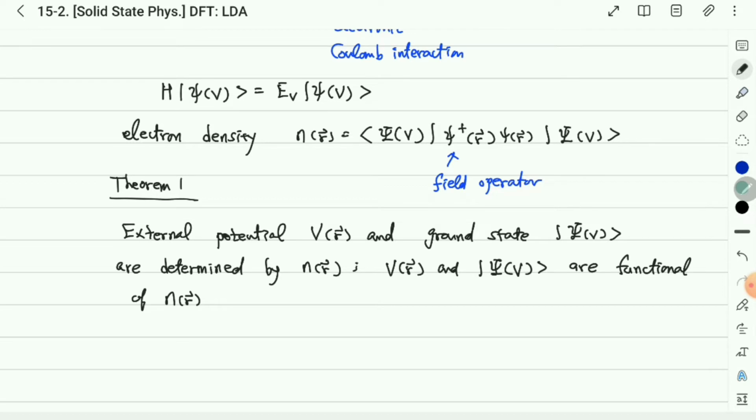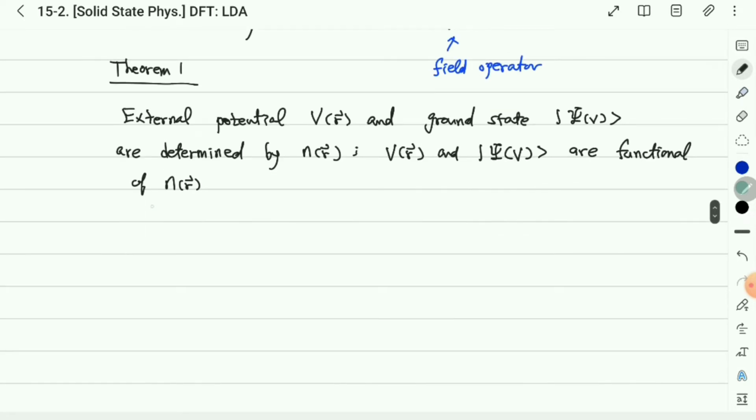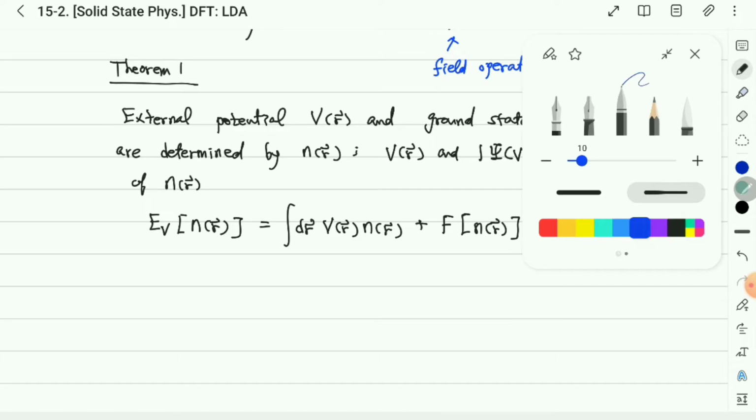This energy state is also a functional of the local density, and it can be calculated as the integral dr V(r) n(r) plus an extra functional of n(r).